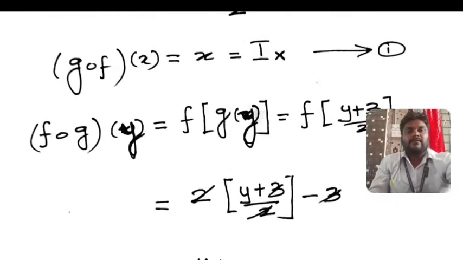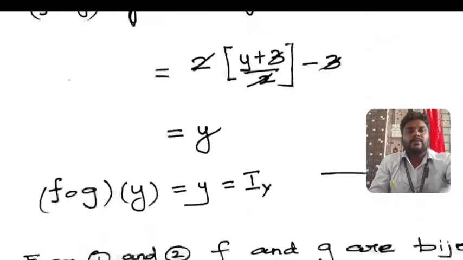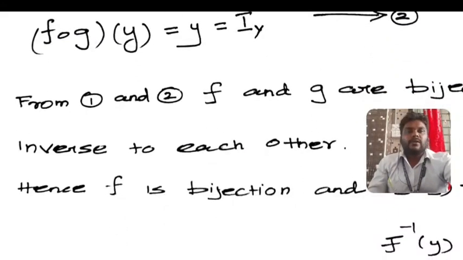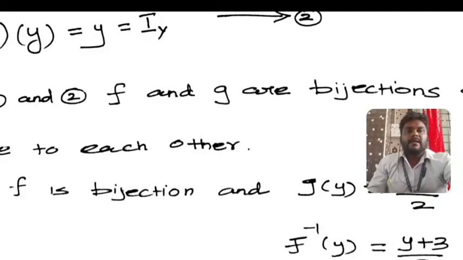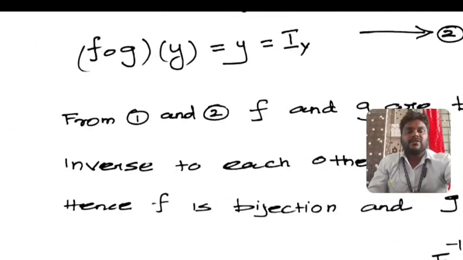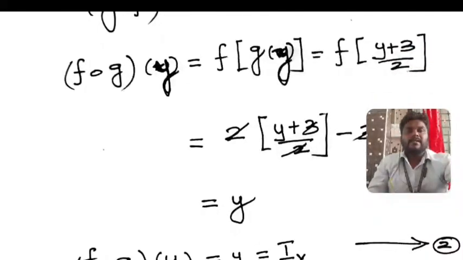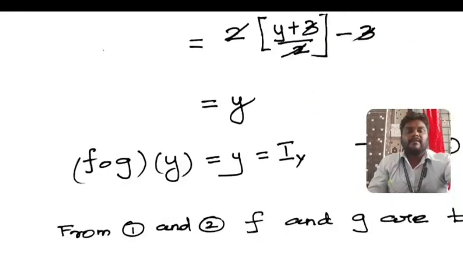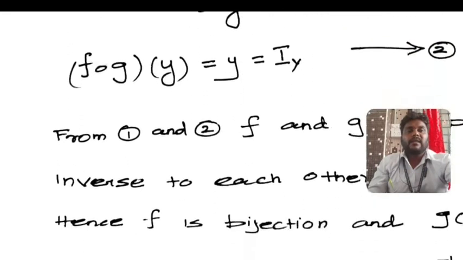So from equations 1 and 2, f and g are bijections because they satisfy the definition of the inverse. It means g composite f of x equal to Ix and f composite g of y equal to Iy.